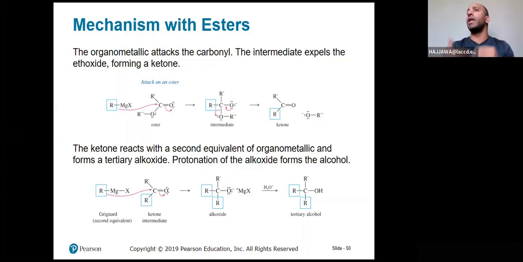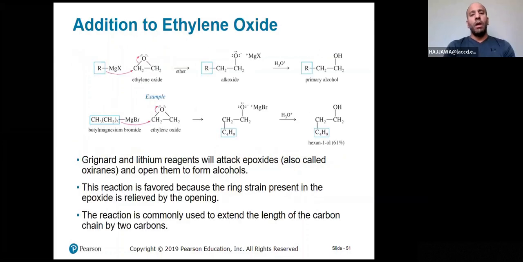What's another way of getting a tertiary alcohol using Grignard? Reacting a ketone with Grignard or alkyl lithium will give me access to a tertiary alcohol. Another method that gives me access to alcohols is to use ethylene oxide, or an epoxide.